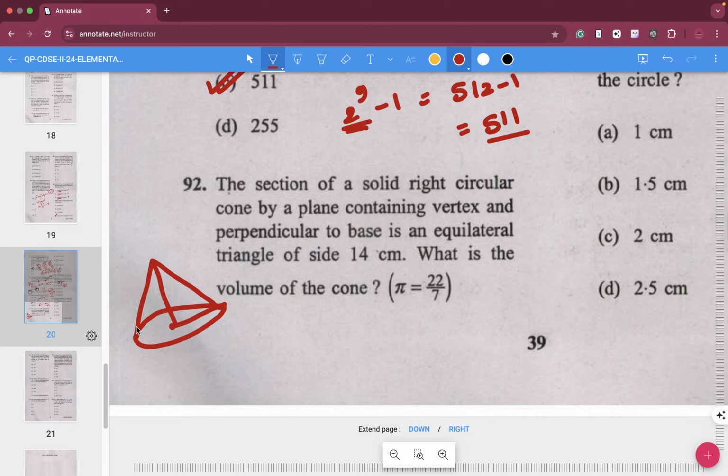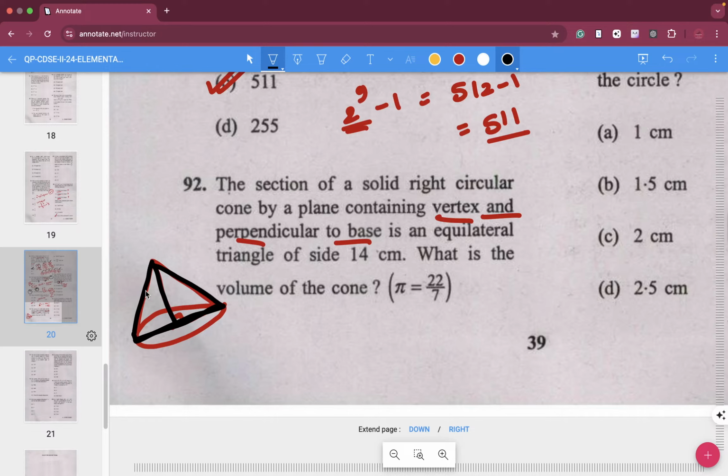The section of the solid right circular cone by a plane containing the vertex, so this is the vertex, and perpendicular to the base, this is the perpendicular to the base, is an equilateral triangle. This is the plane about which we are talking.